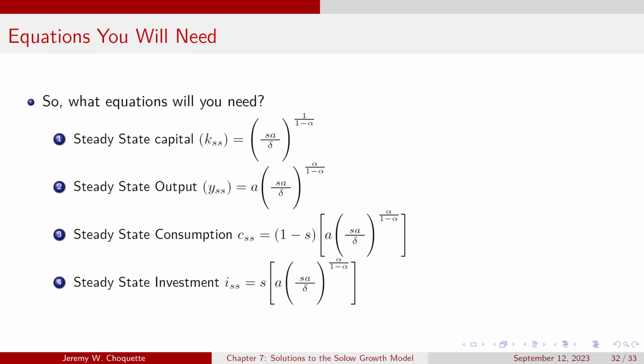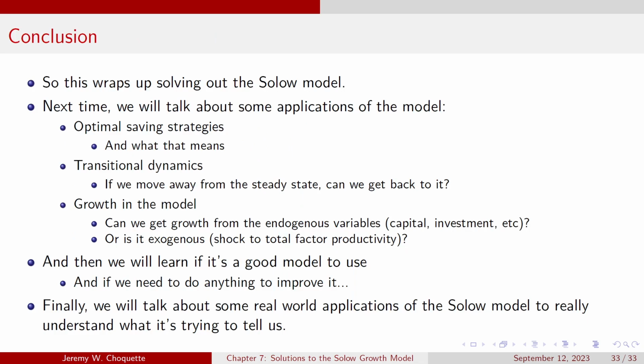So think a little about what would happen to steady state consumption and steady state investment should any of those three variables change, S, A, or delta. I'm going to leave that for you to ponder over the next 2 days until the following lecture comes out, where we will wrap up the solutions to the Solow growth model.